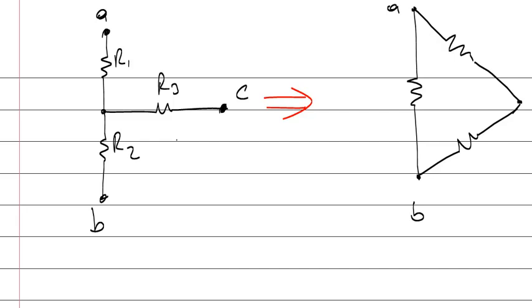And you will say, for example, this is RA and this is RB, this is RC. Okay, you reject three resistors, you insert another three resistors.